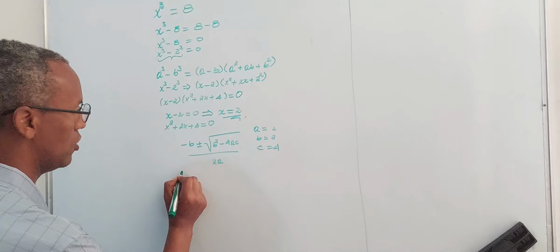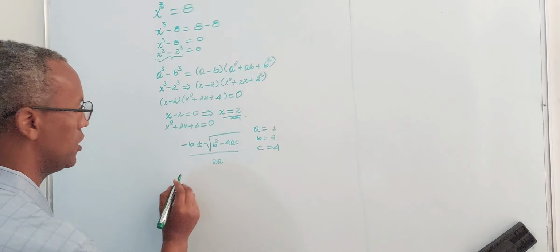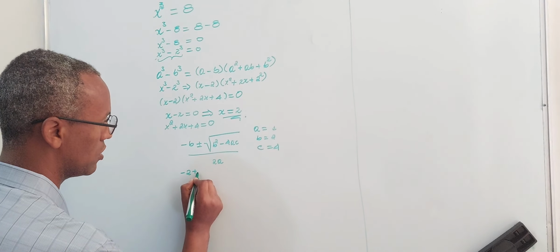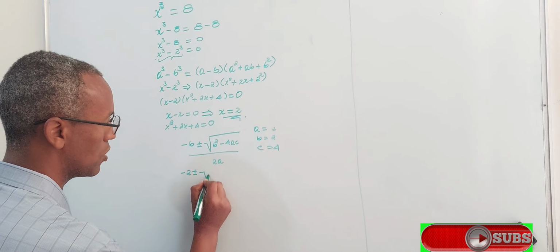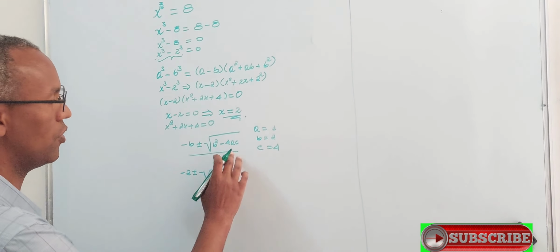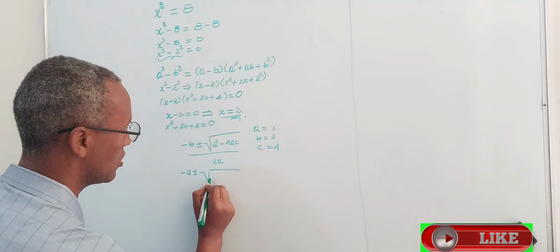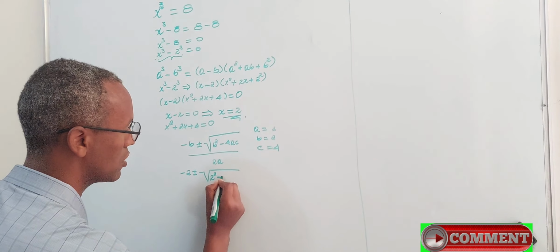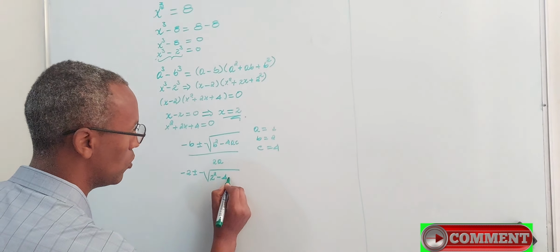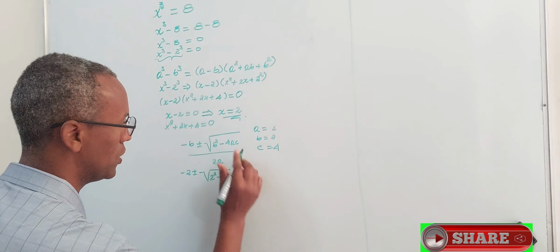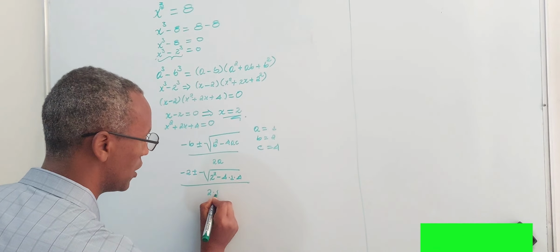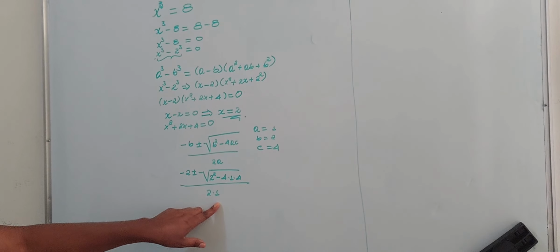So b means minus 2, plus or minus the square root of b squared, which is 2 squared, minus 4 times a, which is 1, multiplied with c, which is 4, over 2 multiplied with 1.